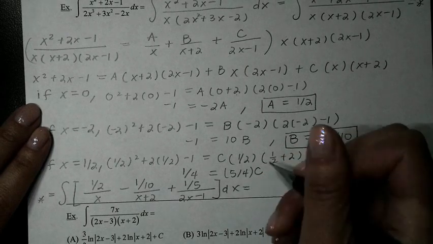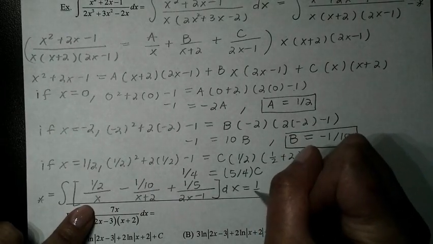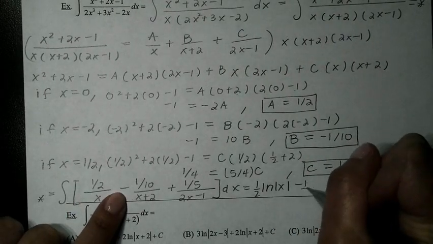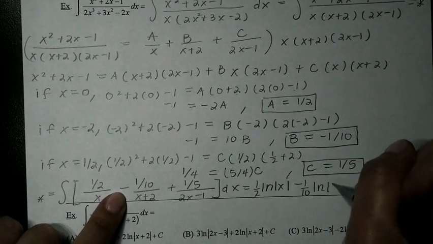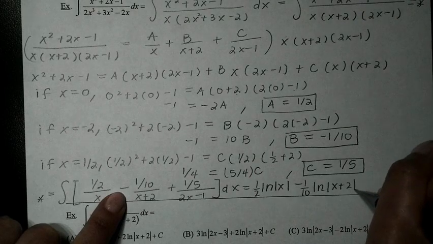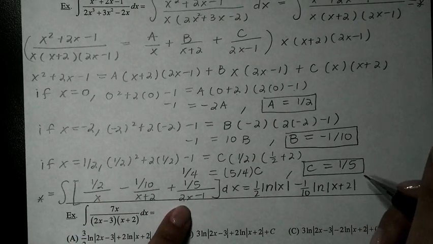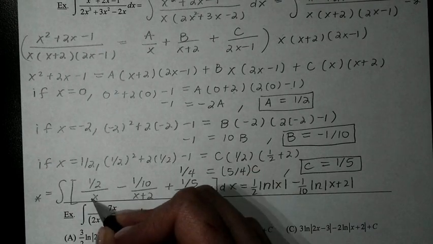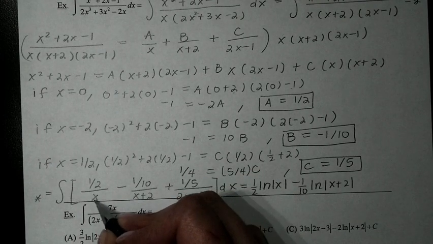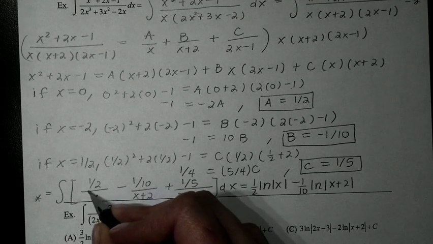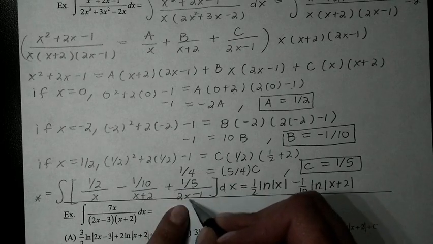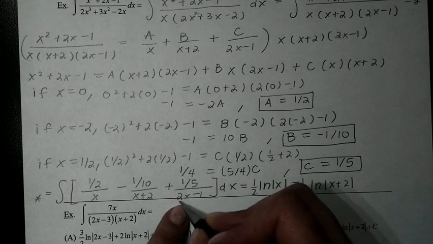So what do you have here? It's going to be 1/2 natural log of absolute value of x minus 1/10 natural log of absolute value of x plus 2. Now here, be very careful with the 2x. Why? It's sneaky. You were doing the u substitution automatically here because the u was x, the derivative is just dx. Here it was just 1, but this one is 2x, so we need to complete that too.